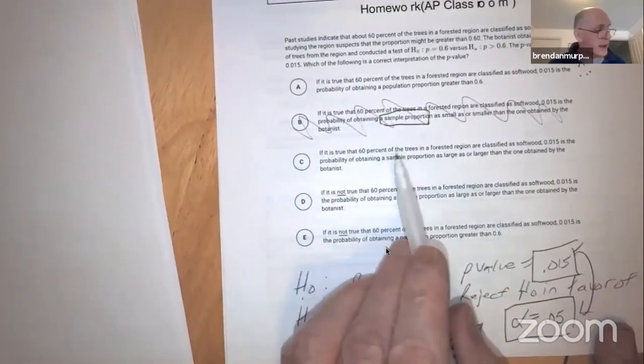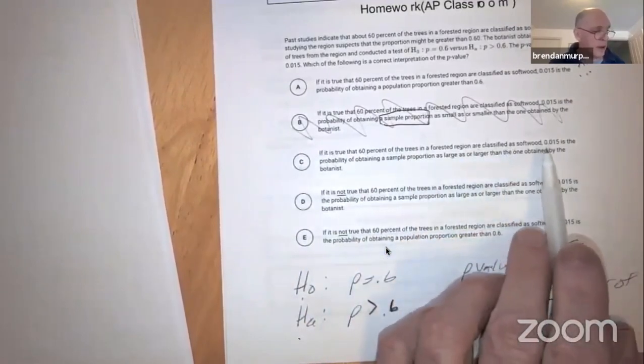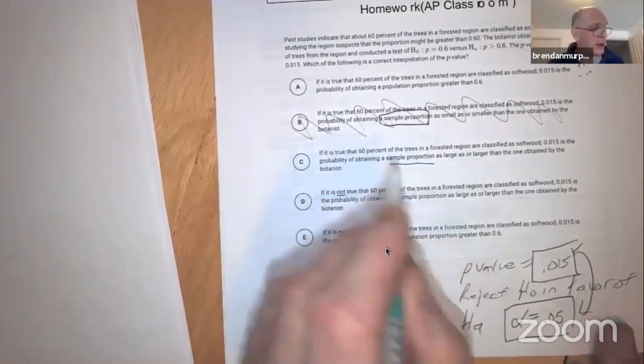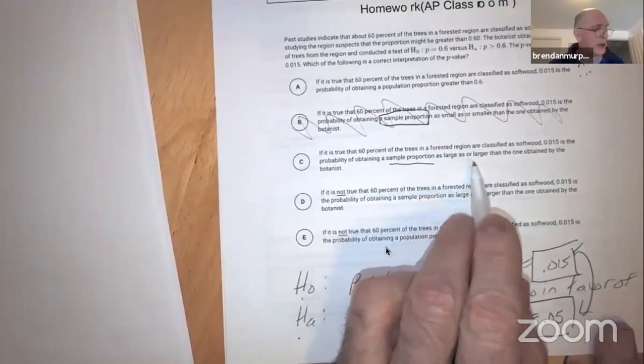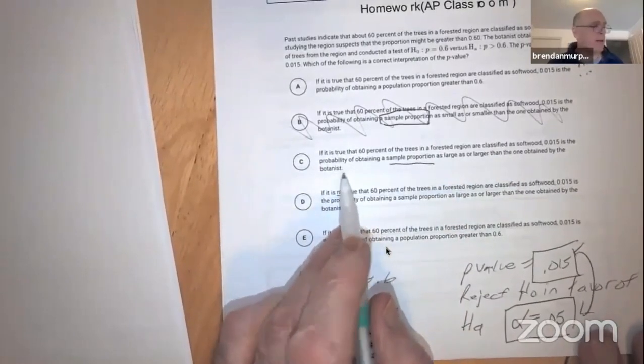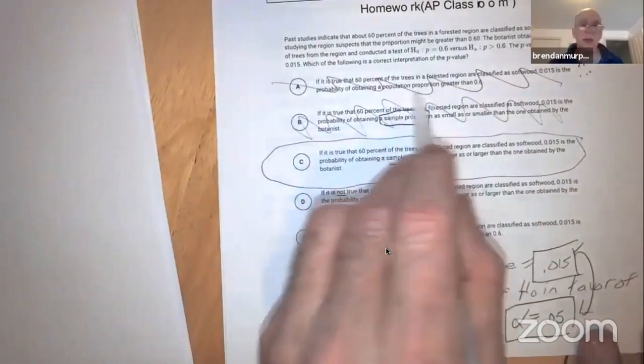If it is true that 60% of the trees in a forested region are classified as softwood, 0.015 is the probability of obtaining a sample proportion as large or larger than the one obtained by the botanist. And then it clicked. That felt really good to me. I went back here and crossed out A. It was the population proportion.